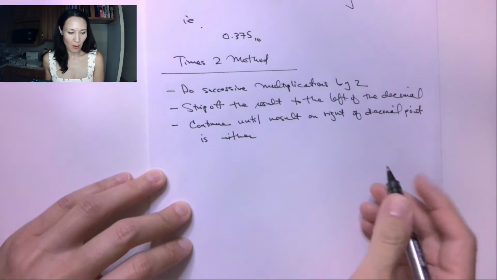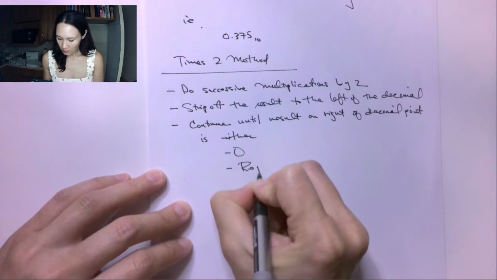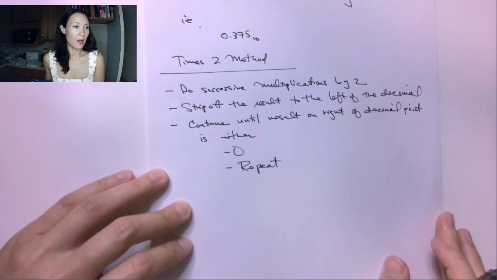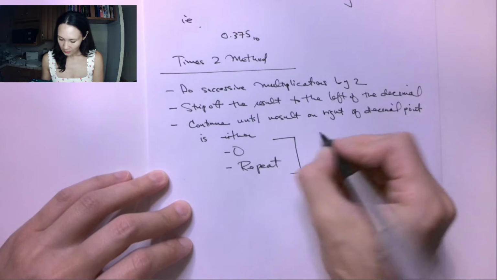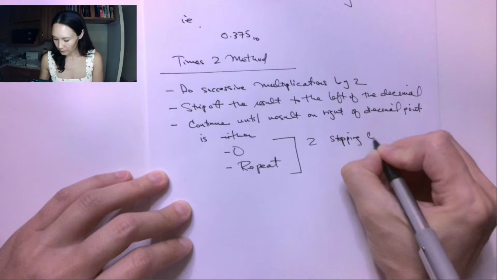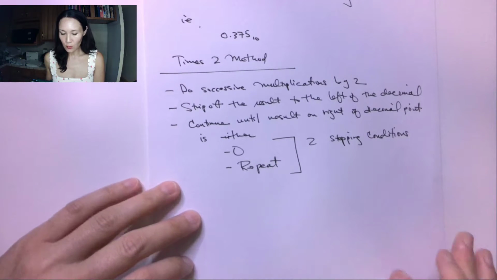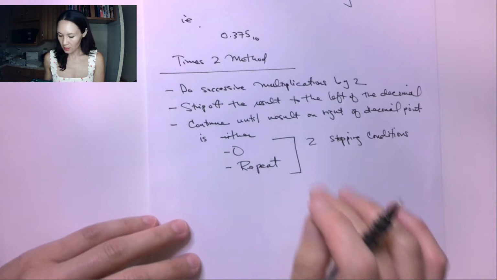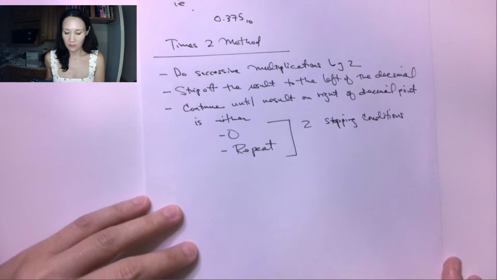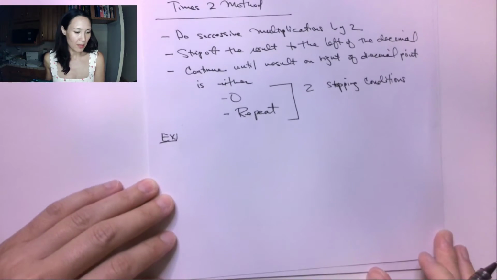It doesn't have to be both, just either. So we have 2 stopping conditions for our algorithm, and if one of them is true, we know we're finished. Not both of them need to be true, just either one is fine. Let me show you an example of what I mean by this method.